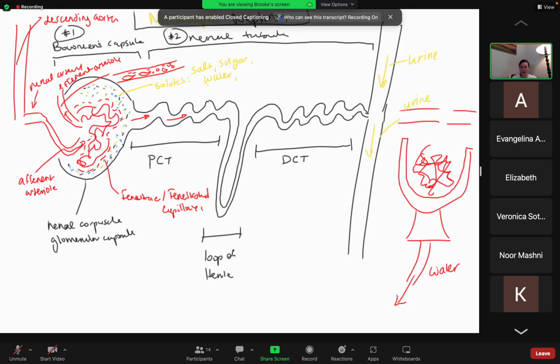All through the renal tubule, your body is making it urine. Does that make sense? So the liquid, or I guess the stuff that's coming out of what's being filtered, that's not the urine. That's just things that will still go through the entire system, and then they still have to become urine. They're not urine yet.